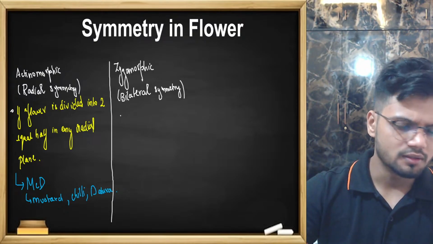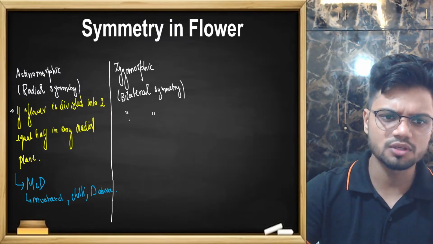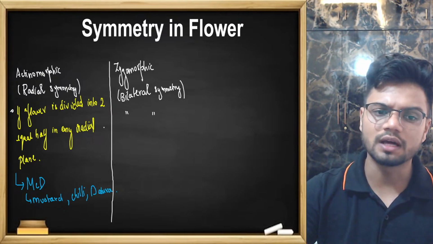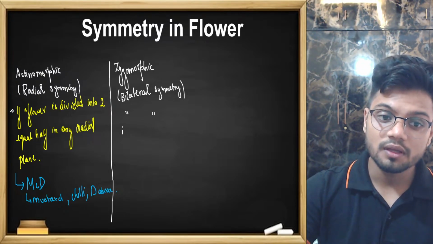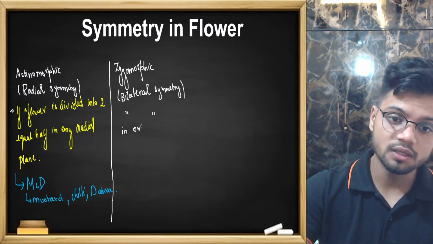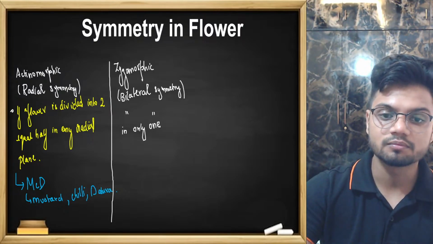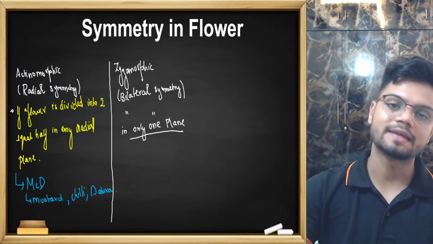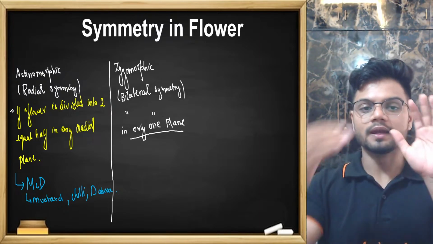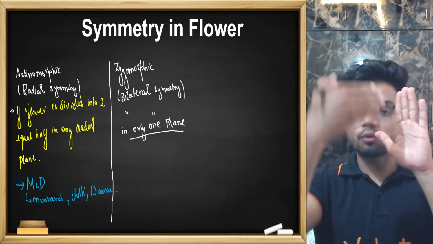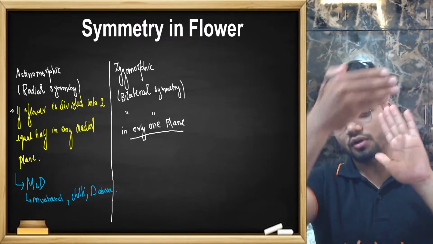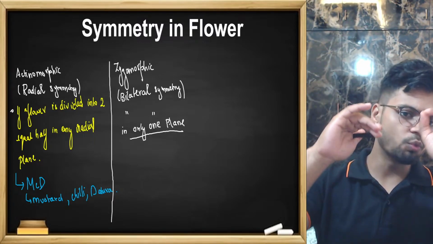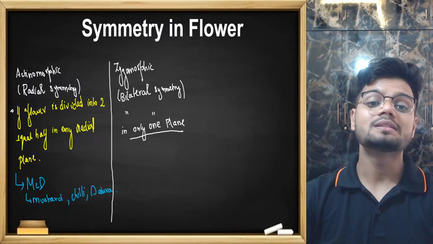Same definition: if a flower can be divided into two equal halves in only one plane, that becomes zygomorphic. If you take a flower, it can divide into two equal halves, but only in one plane, like this, or something like this, or any diagonal plane. In only one plane, that becomes zygomorphic.